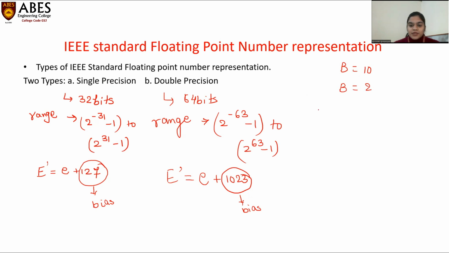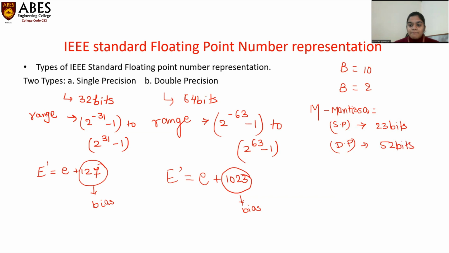Now, let me make you understand the mantissa. Our M, or mantissa, is the integer section of the values. So in case of 32 bits, or you can say single precision, our mantissa will be of 23 bits. And in case of double precision, our mantissa will be of 52 bits.